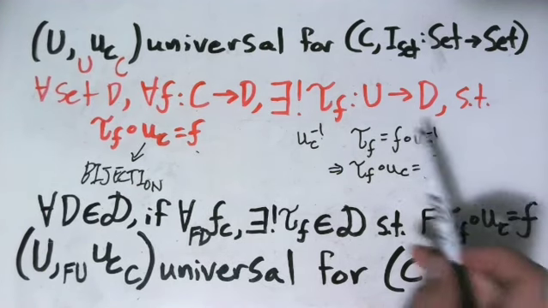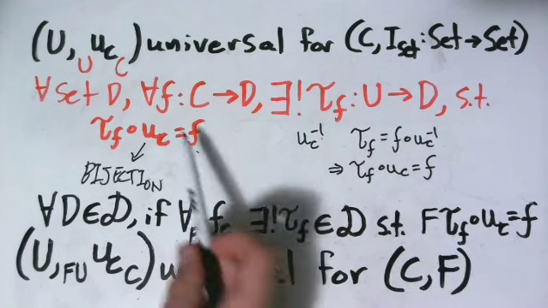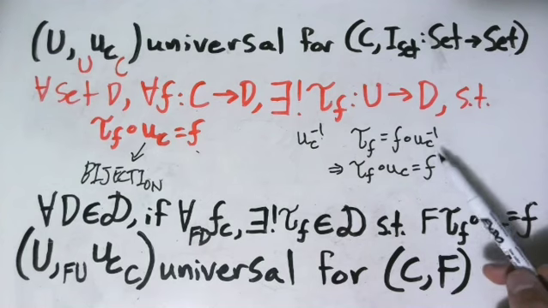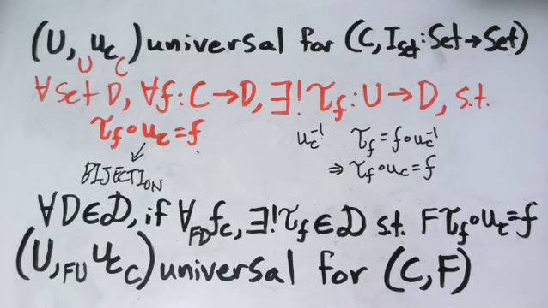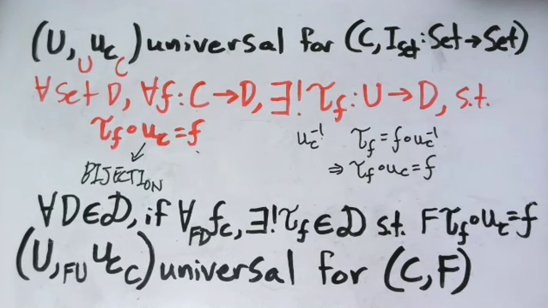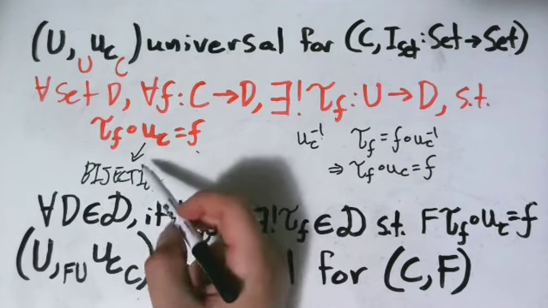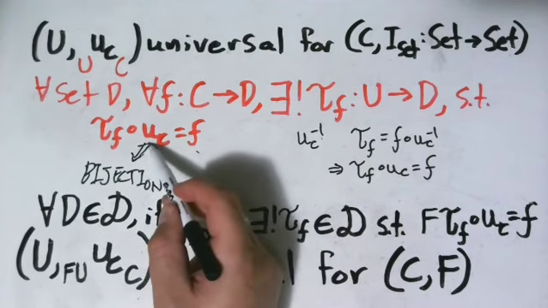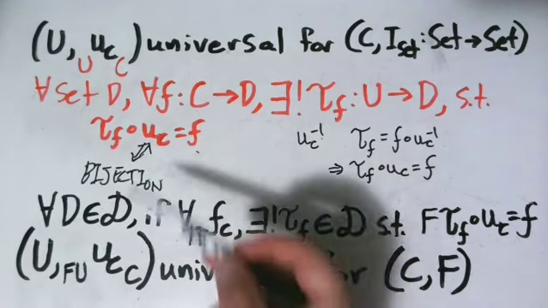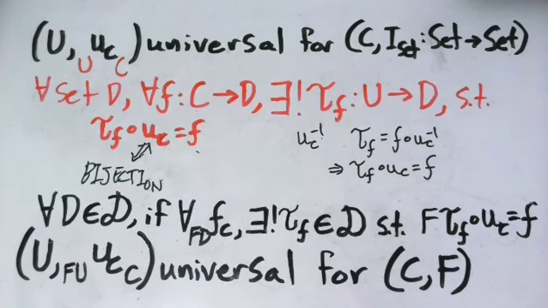So we can always find a tau of f to make the diagram commute. And moreover, this inverse is always unique. So this composed morphism is also unique. And so we have this property satisfied, which means that we've actually proved that the pair (U, U_C) is universal if and only if U_C is a bijection.